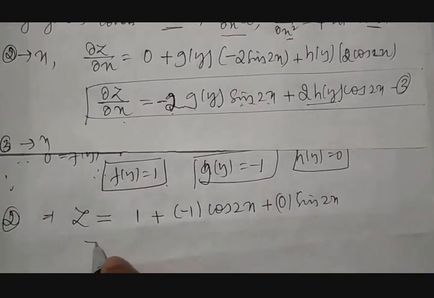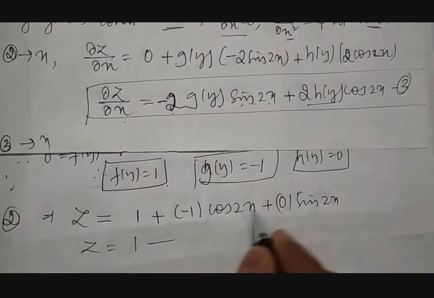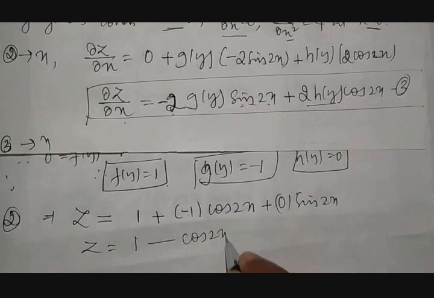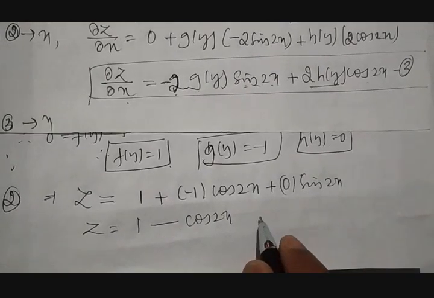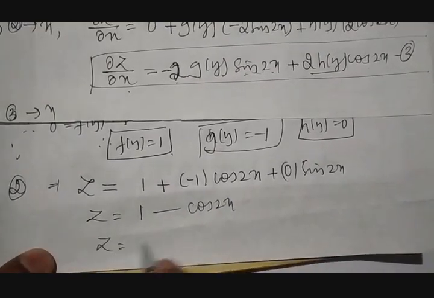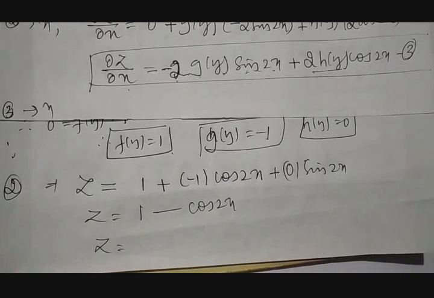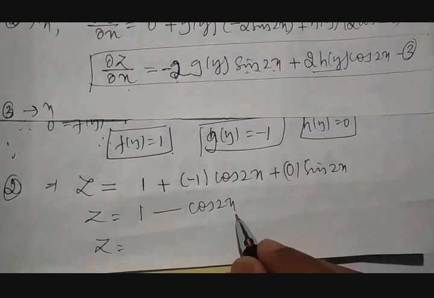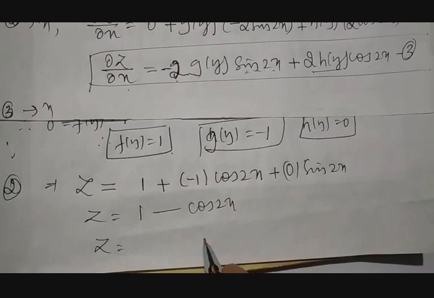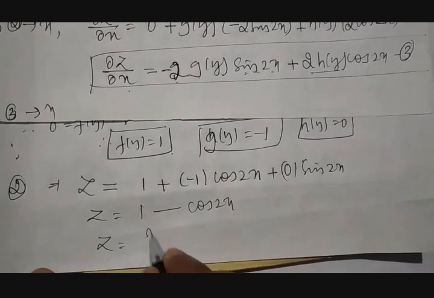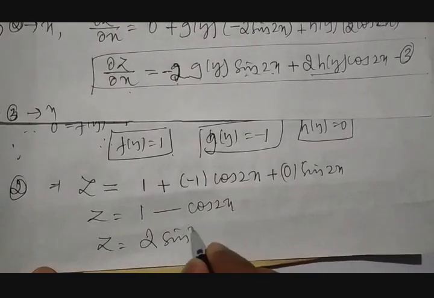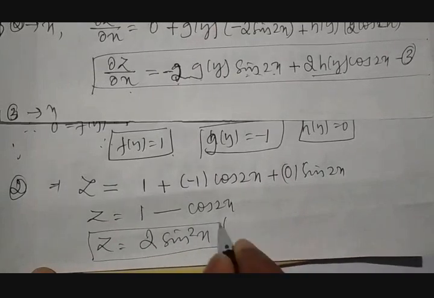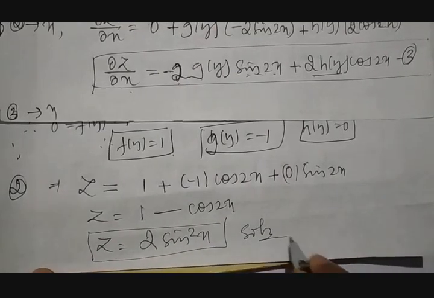Therefore, z equal to 1 minus cos 2x, and the last term is gone. We know that 1 minus cos 2x is nothing but 2 times sin²x, because sin²x is equal to (1 minus cos 2x) divided by 2. Therefore, it is 2 times sin²x. So, this is the required solution. Thank you.